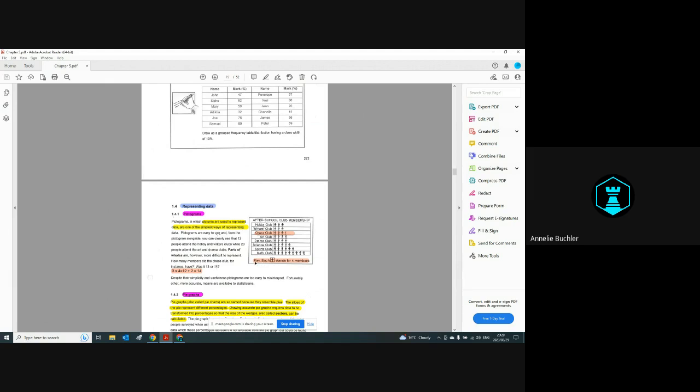Now, we look at our key here. One little man stands for 4 members. There's 3 members and a half, okay? So there's your answer. Work it back and see if you understand what I say.